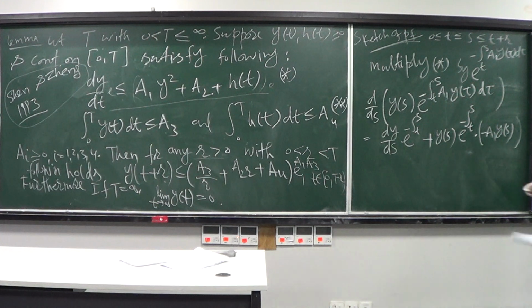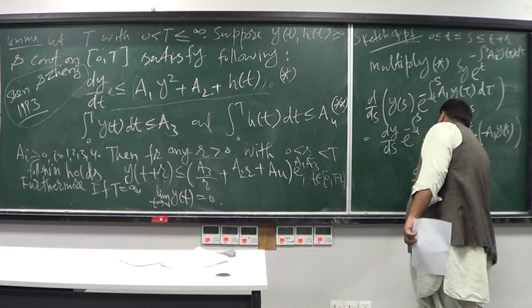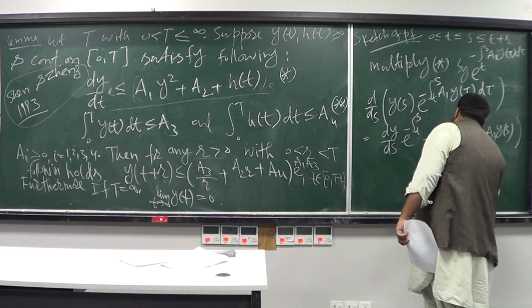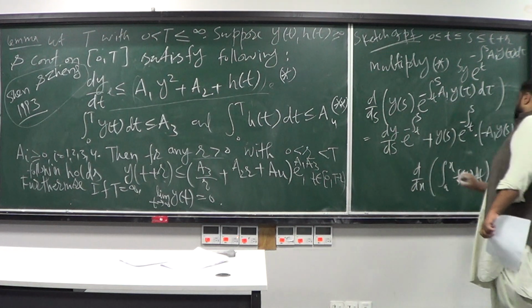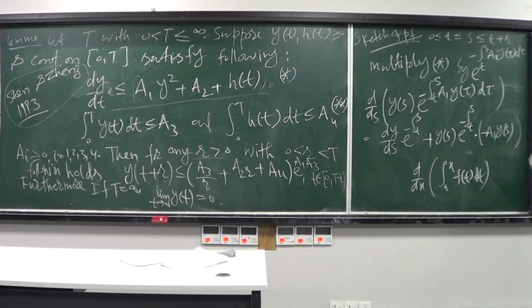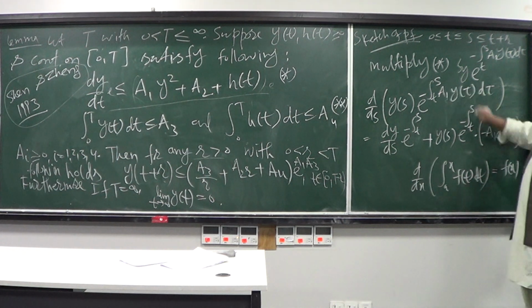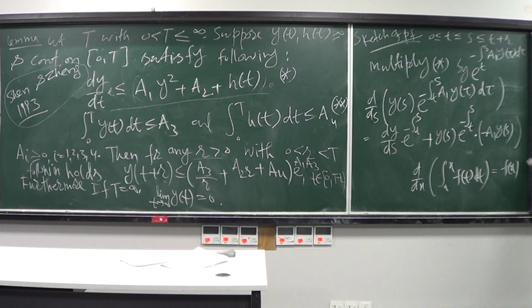So what I'm doing is basically applying this result. Okay, so d by dx from a constant a to x of f of t dt. Okay, if f is a good enough function, then this is simply equal to f of x. So I have applied this result while differentiating this integral. So you're going to get this a1 y of s.